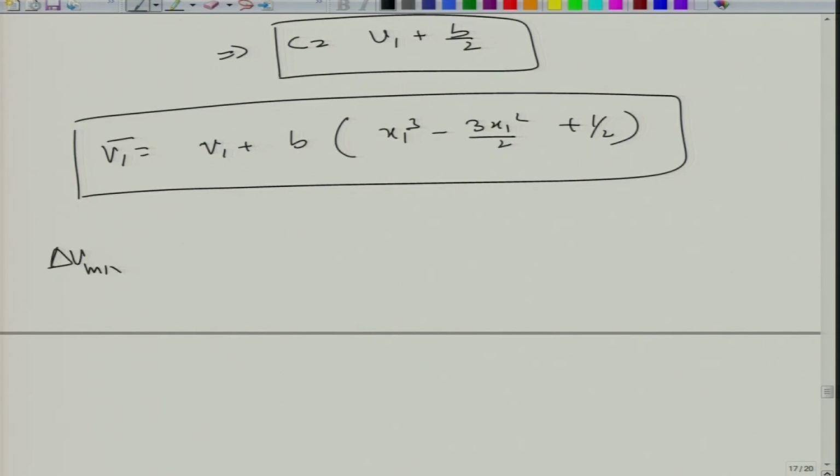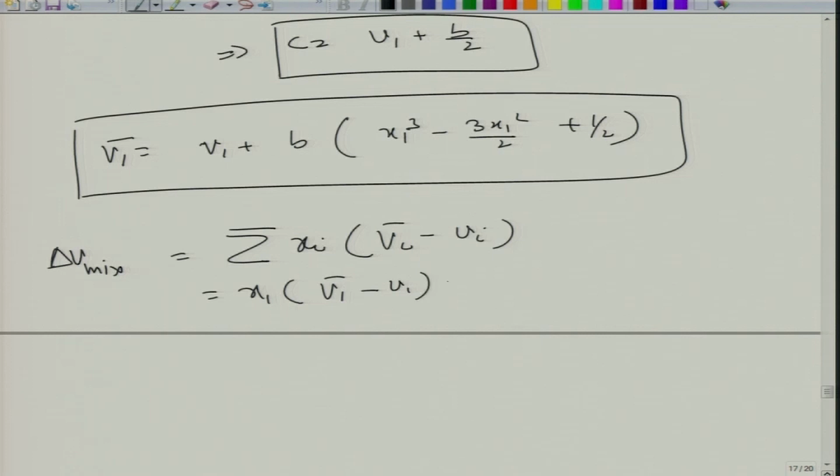So, we need to find out the final term, delta V mix, which is nothing but summation xi times Vi bar minus small vi, right. So, in this case, a binary mixture, it is x1 times v1 bar minus v1 plus x2 times v2 bar minus v2.